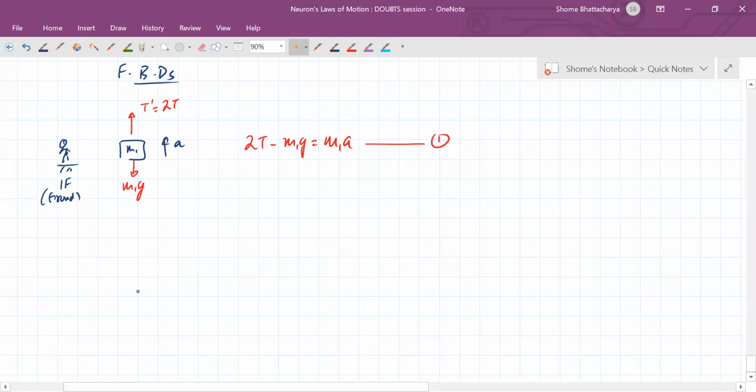Now for M2 we have an option of making the free body diagram in the non-inertial frame coming down at A, that is the frame of pulley P. If you look at M2 in the frame of pulley P, it is having an upward acceleration of A prime, whereas the forces acting on it are tension upwards, weight, and m2a, which is the pseudo force acting opposite to the acceleration.